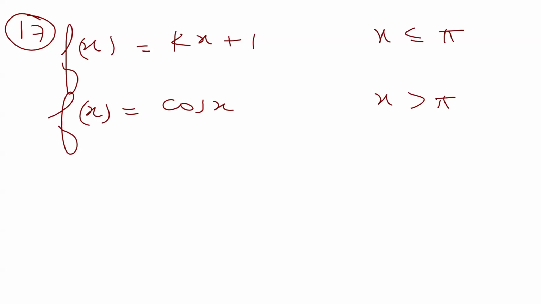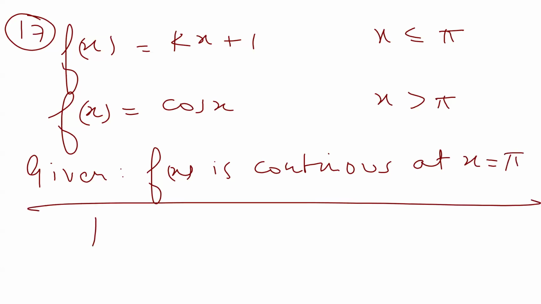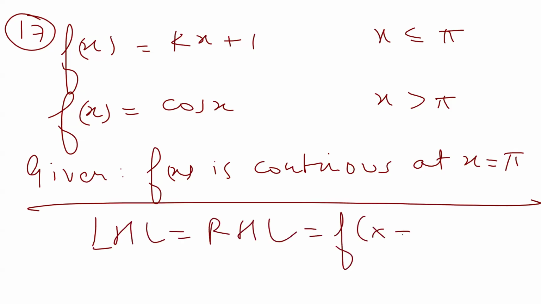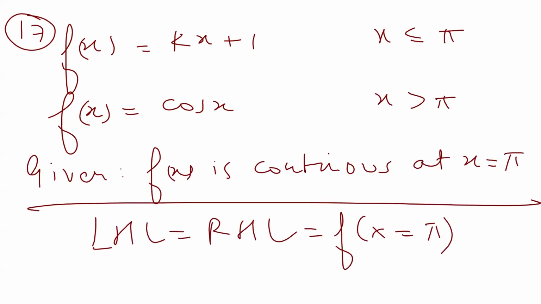Okay. So this is the function given. We need to find out the value of k. And it is also mentioned that f of x is continuous at x equal to pi. So LHL equal to RHL, equal to f of pi.